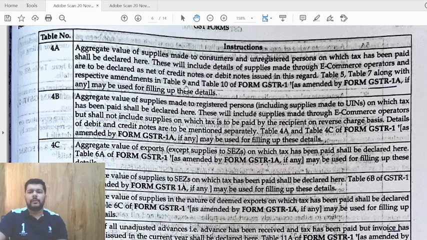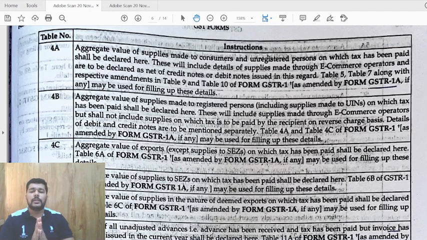So table number 5 and table number 7 along with the respective amendments in table number 9 and 10 in the form GSTR 1. Now they are also saying that if any changes were made in GSTR 1 by filing GSTR 1A, this GSTR 1A which had become effective in the year 2024 only, if there is any GSTR 1A also filed, means where you have tried to correct the reported data in GSTR 1 by filing a GSTR 1A, and if that data is also appearing over here, then you have to take into consideration that what has come in 1A, which has changed your GSTR 1 data, that will be appearing in this table number 4 in GSTR 9.